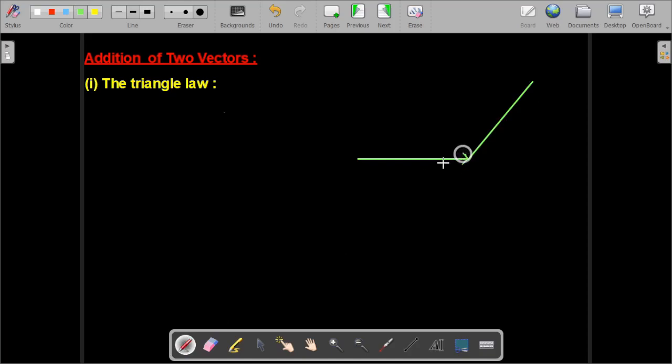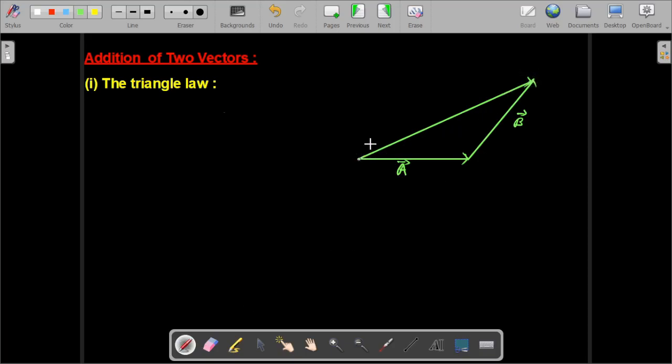Suppose this is vector A and this is vector B. The resultant vector of these two vectors will be from the beginning point of the first vector to the end point of the second vector, like this.